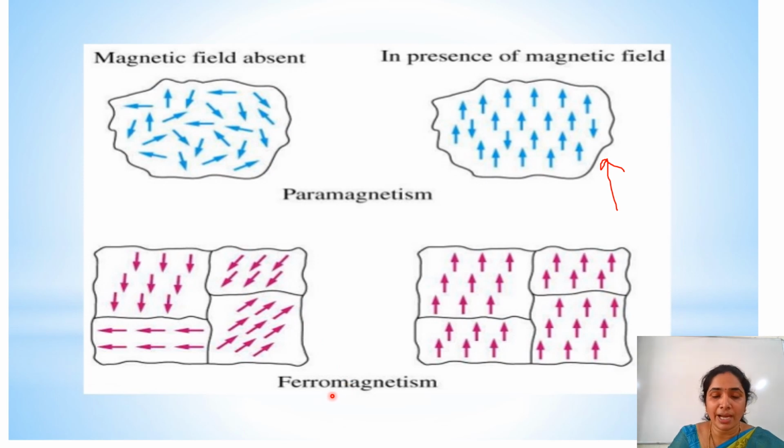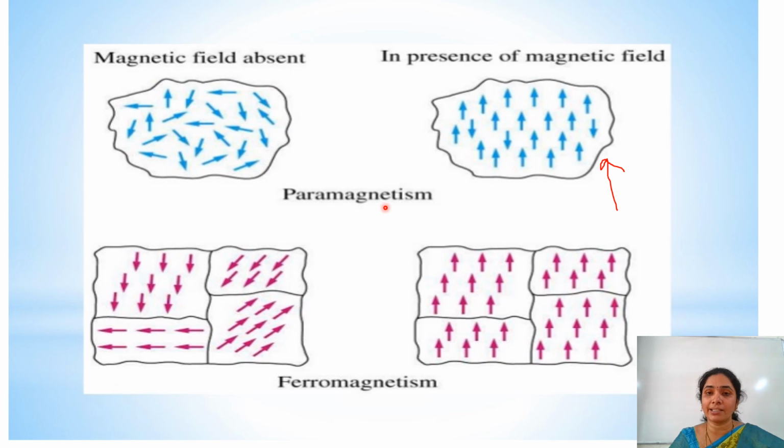And if you take ferromagnetic substances, here also some orderly arrangement will be seen for the substance which shows ferromagnetism. Some will be aligned, some will be opposite. But when this type of substance is placed in a magnetic field, all the magnetic moments will be aligned in the direction of application of the magnetic field.